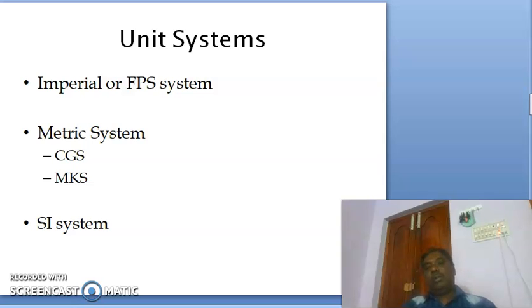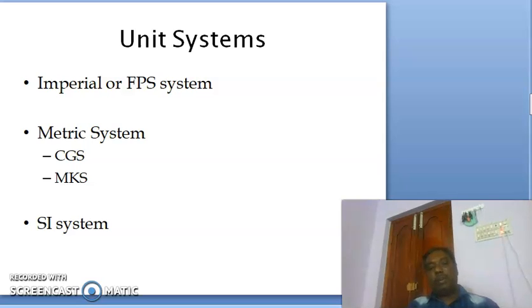The older and a very popular type of system is the imperial or FPS system, and then we had the metric system, which has two components, the CGS system and the MKS system, and then we had the SI system. This SI system, which is the international system, is popularly followed all over the world.